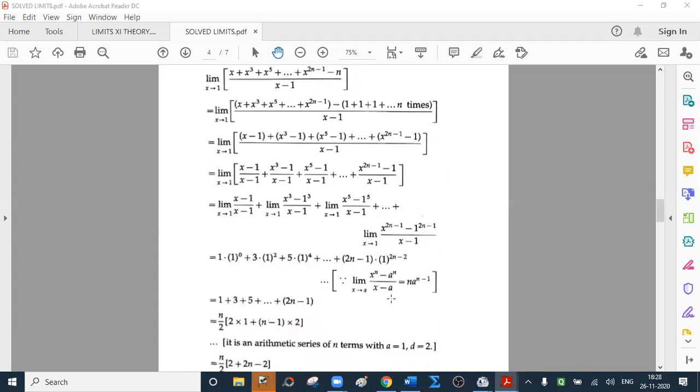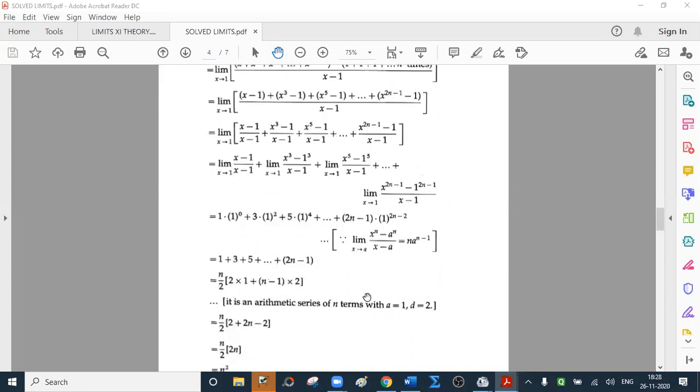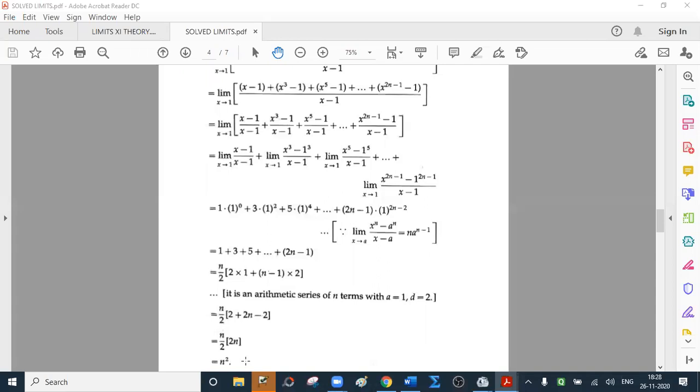Note that these are consecutive odd numbers, or you may say these are in arithmetic progression with first term 1 and common difference 2. So use that formula to get final answer as what? N square, right? Yes.